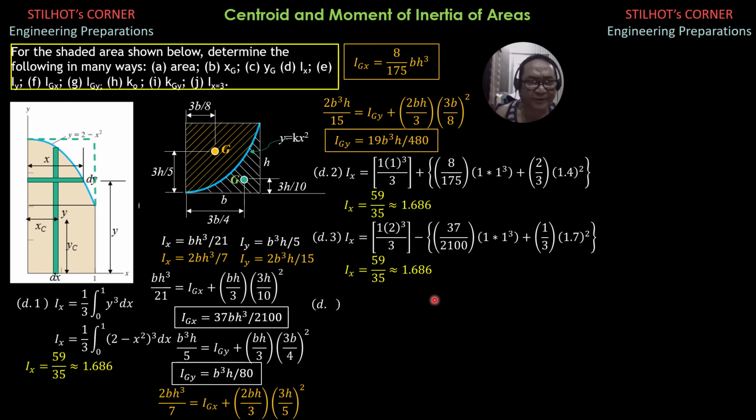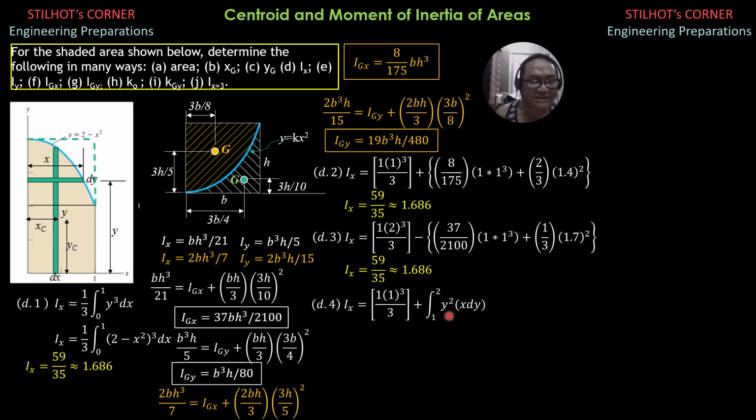The next method is by integration, integrating the upper part. For the square, 1 times 1 cubed over 3, b h cubed over 3 with respect to the x-axis or base. Then considering this horizontal strip, the distance is y. Remember, the integral of the constant distance squared, y squared, because it is parallel to the x-axis. The differential area is x dy.